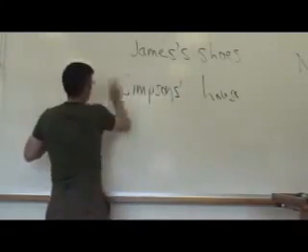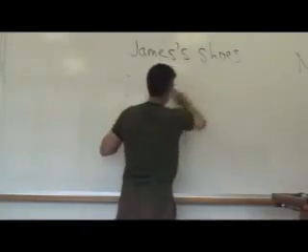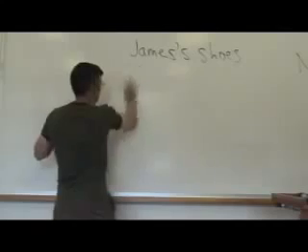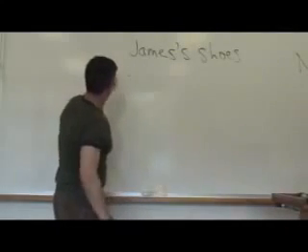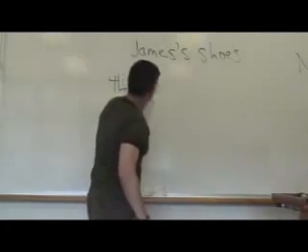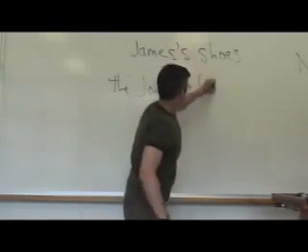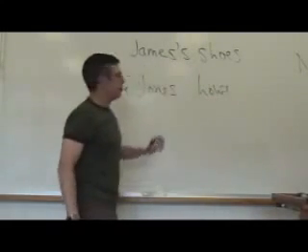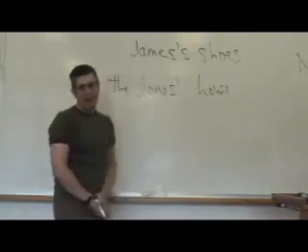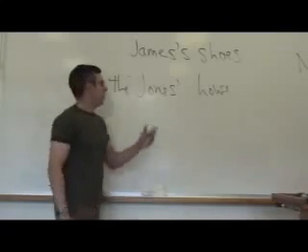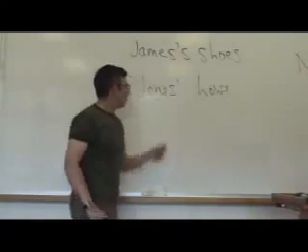Now, what if the name is Jones? What if the name is Jones, and you're going to their house? I'll just put the name there. Now, what do you do? Well, a lot of people would do that. But then what is the entity to the left of the apostrophe?